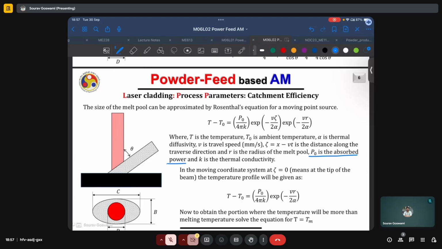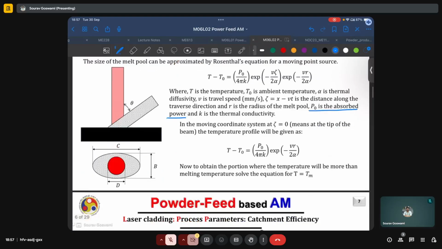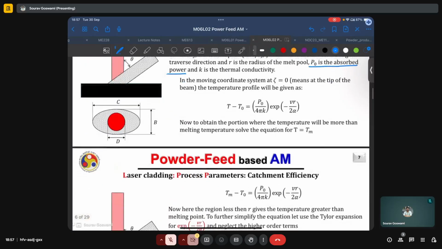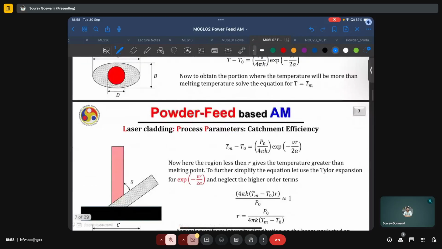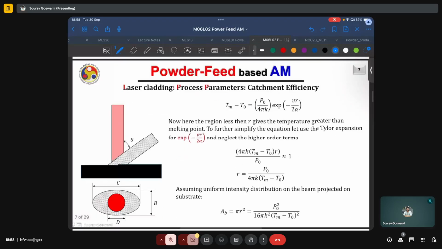Now, in the moving coordinate system at zeta equal to 0, meaning at the tip of the beam, the temperature profile will be given as T equals T naught plus P naught by 4 pi k e power minus VR by 2 alpha. Now, we want to obtain the portion of the space where the temperature will be more than melting temperature, solving the equation for T equals T melting.